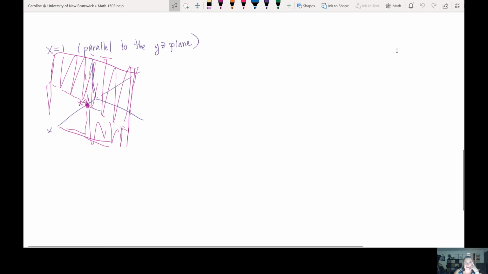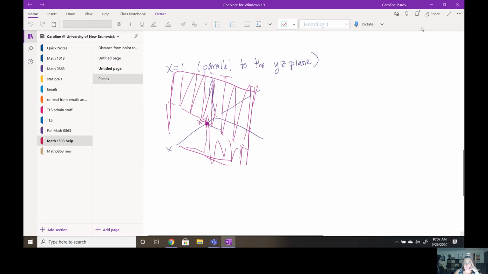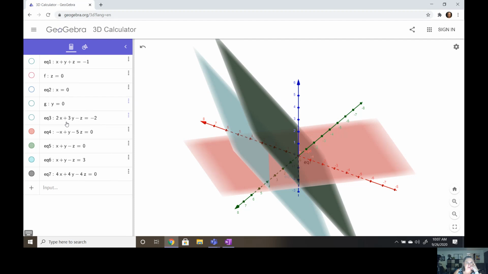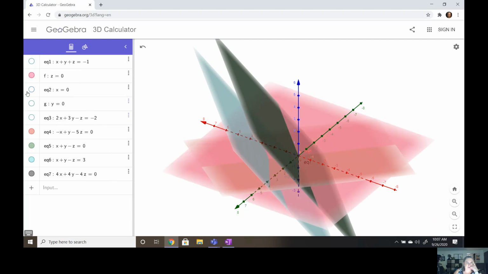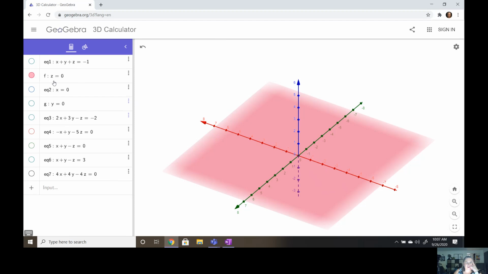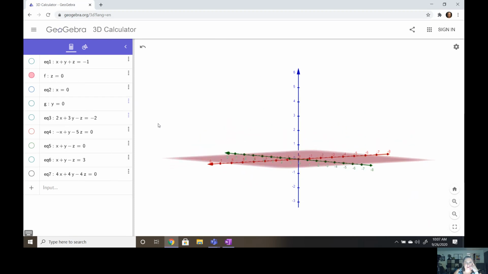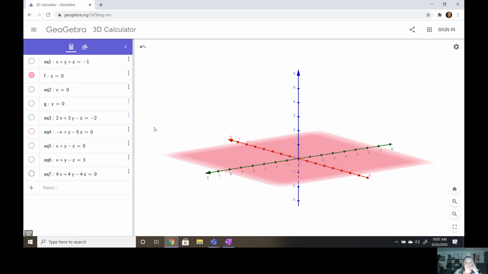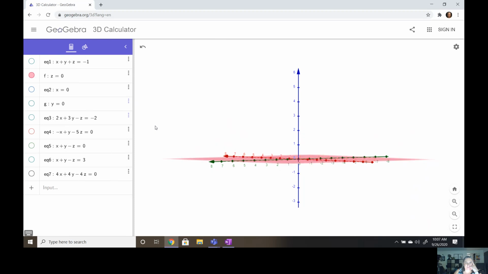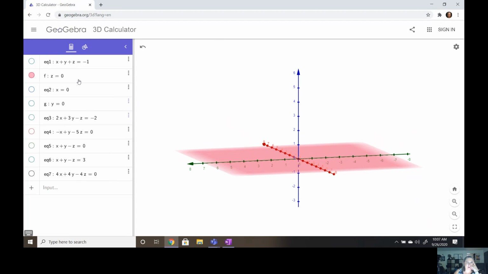Okay, so let's go back over to the calculator for a minute. And let's look again at these. So let's take out these others. So here is z equals 0, and I said that that is the x, y plane. So you see that it just goes through z equals 0.